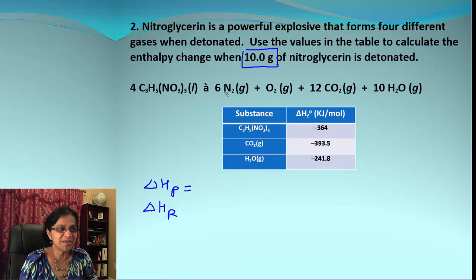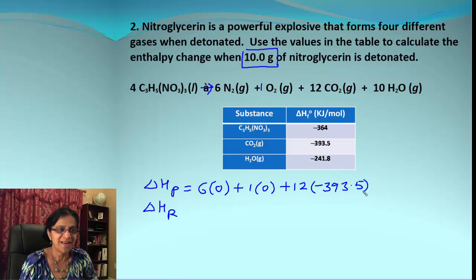So we got in products 6 moles of nitrogen. Nitrogen is an element, so it will be 0. Then the next one is oxygen, 1 mole. That will be equal to 0. Next comes carbon dioxide. That's 12 times negative 393.5.